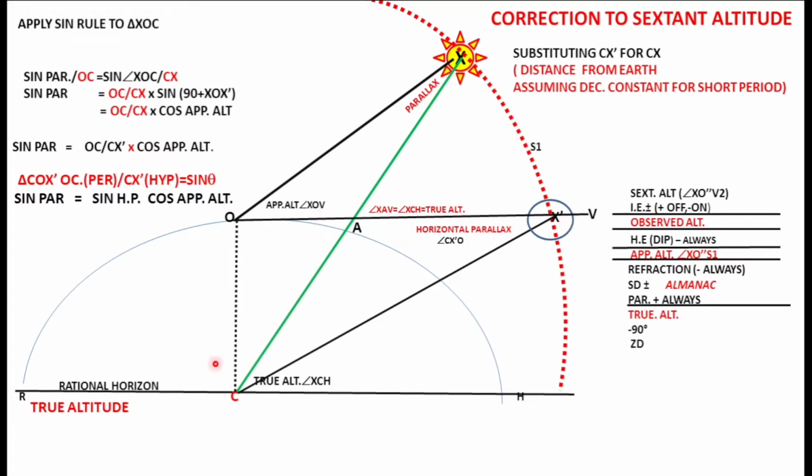One side, OC, is the perpendicular, and CX dash is the hypotenuse. And that is the sine of this angle here, the parallax. So now we have changed over from sine parallax to sine HP into cos of apparent altitude. Sine is a very small angle, so I'm just getting rid of the sines, and then we just call it that the parallax is equal to HP into cos of apparent altitude.